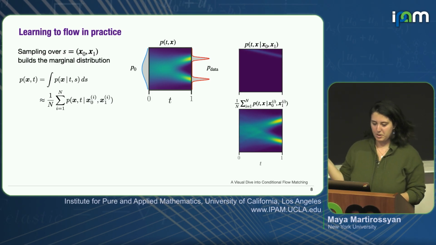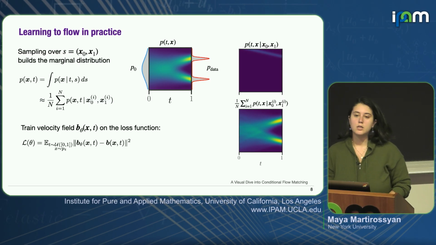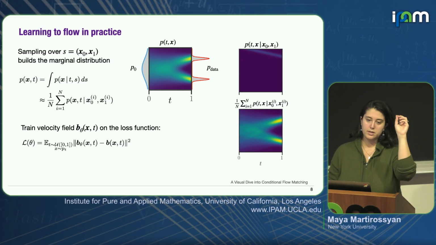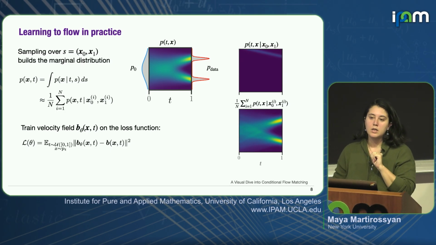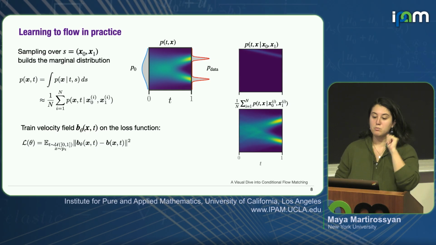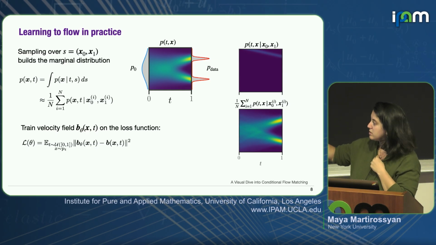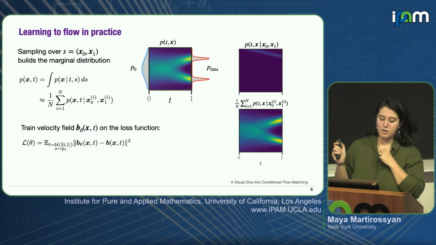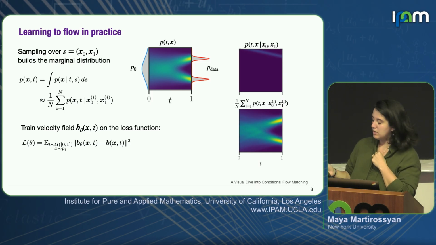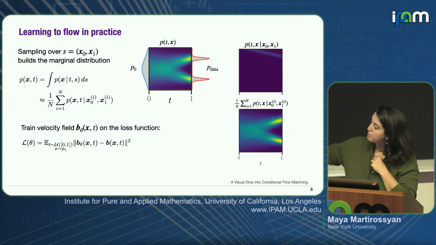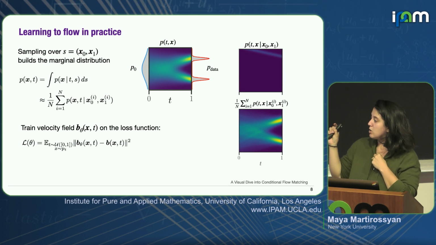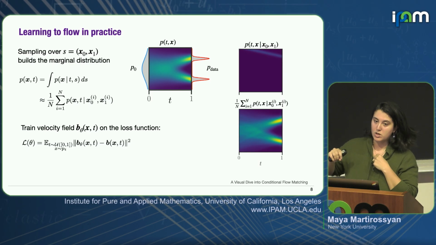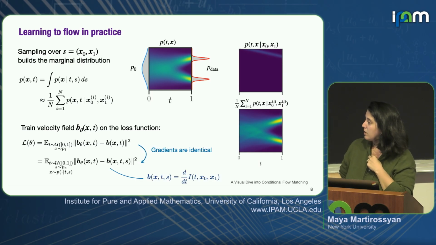The nice thing about this is that there's actually proof that if you're writing the loss function and you want your model, which here has parameters theta, to learn a velocity b, you can train the loss function to minimize the error between your learned velocity and the true velocity.